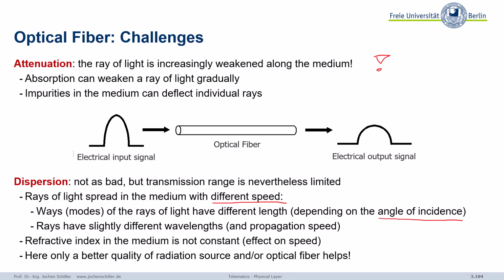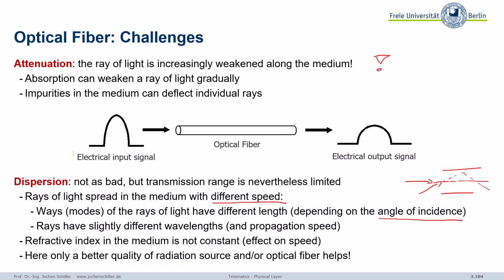So how does light arrive here? A ray arrives at our core, and is it reflected or does it go straight through our fiber? So that's one effect. We have different speeds of the rays, and this causes this dispersion, this spreading of the signal.